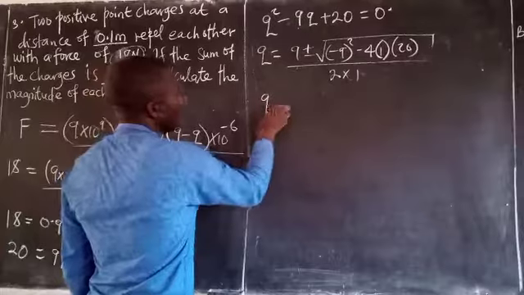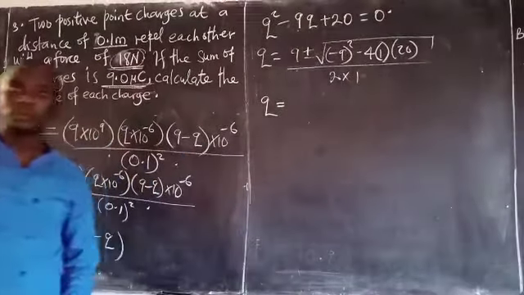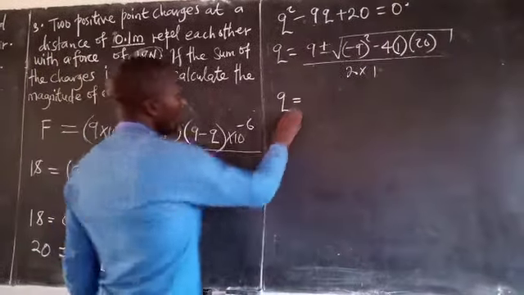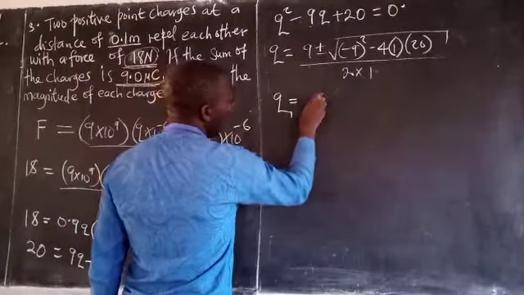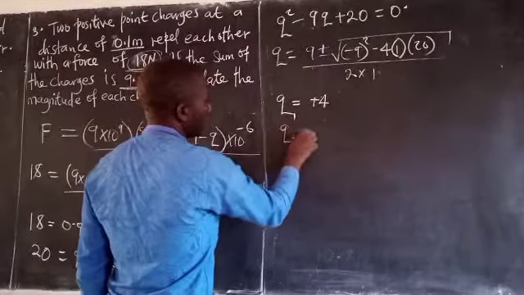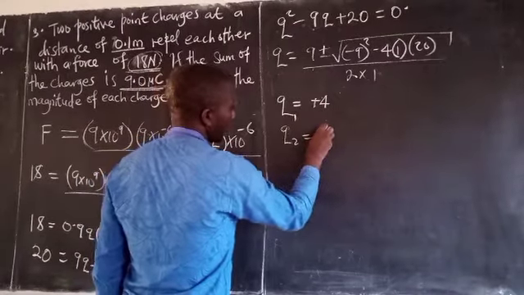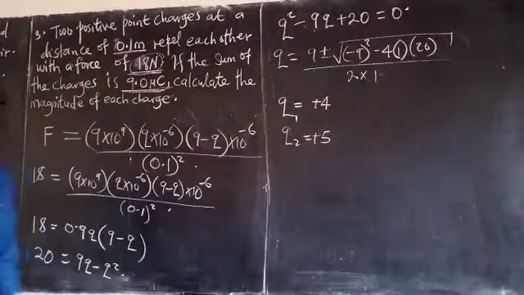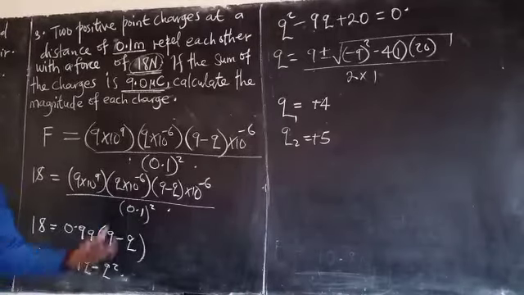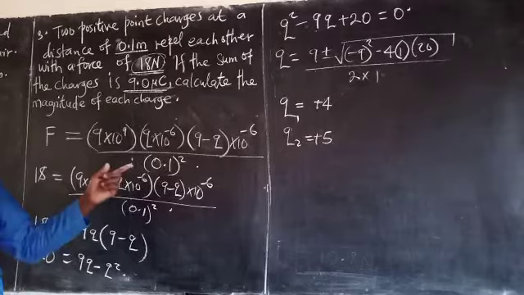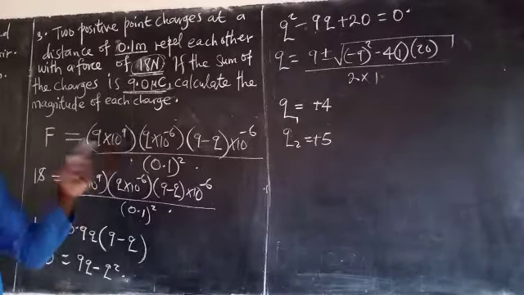So finally, we shall have q to give us two values. One will be 4, a positive, and another one will be 5, and it's also positive. What does this mean? It is giving us our two values. So one is 4, another one is 5.